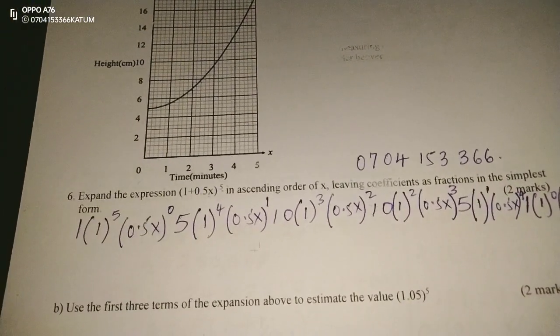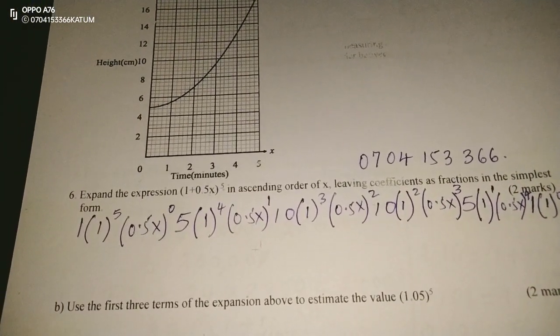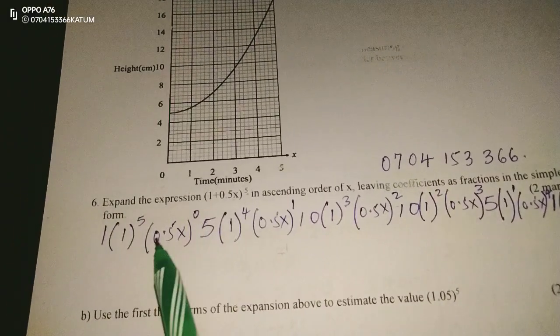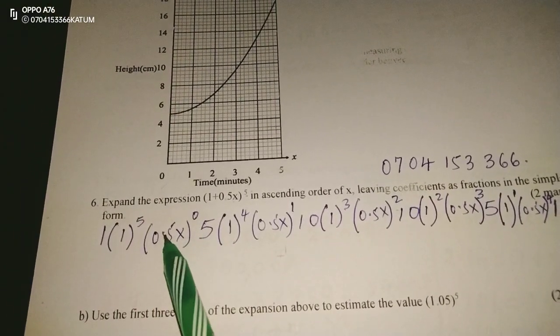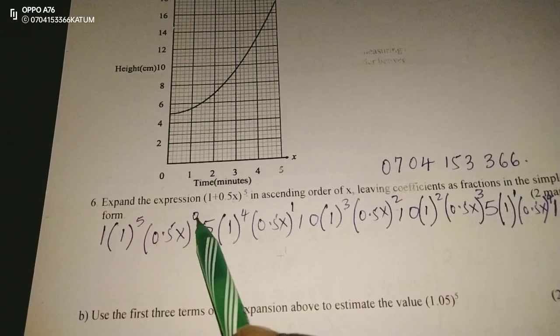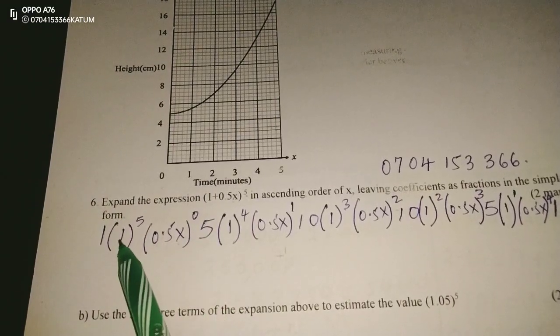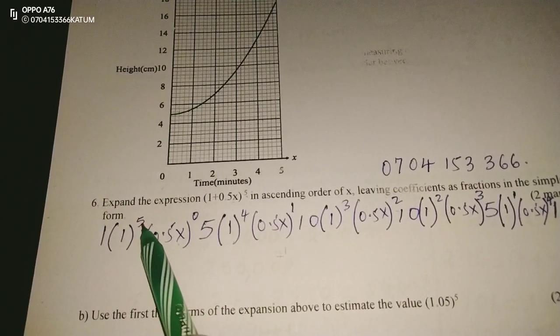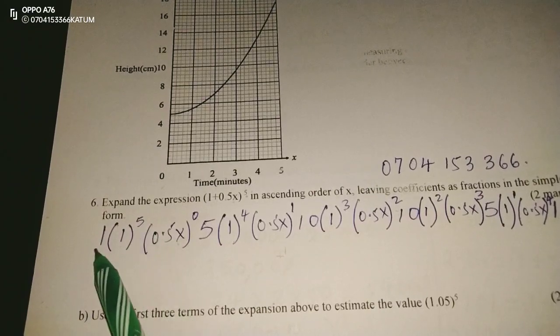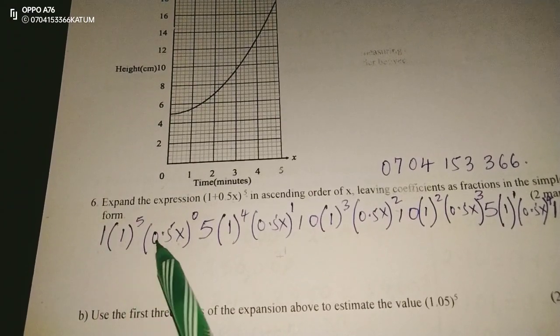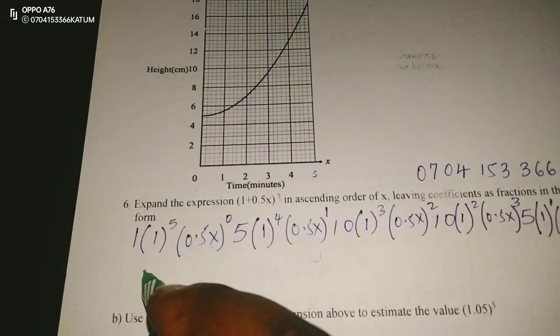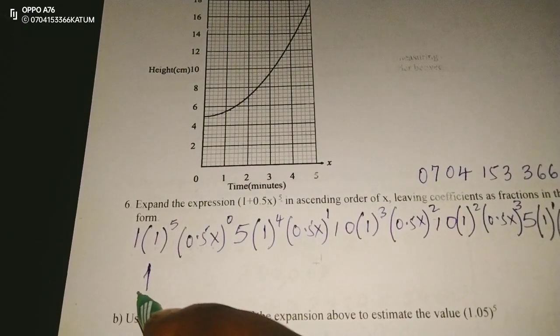Now I can carry out multiplications here and raising of numbers to powers. In the first term, when 0.5x is raised to 0, it becomes 1. When 1 to power 5 is computed, it's also 1. So 1 times 1 is 1, and we get 1 as the first term.